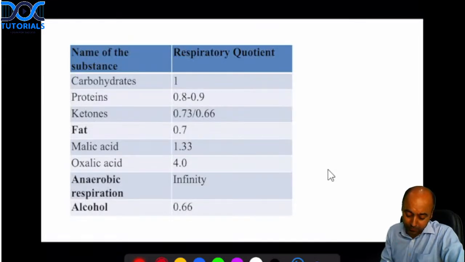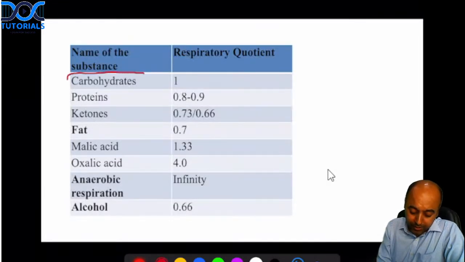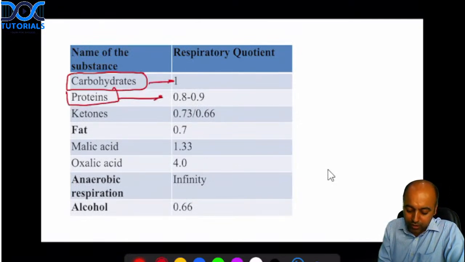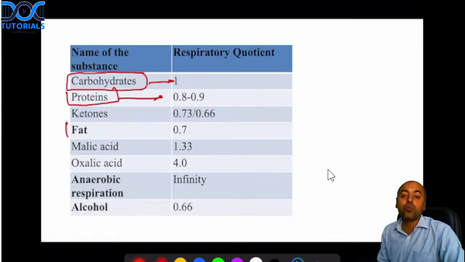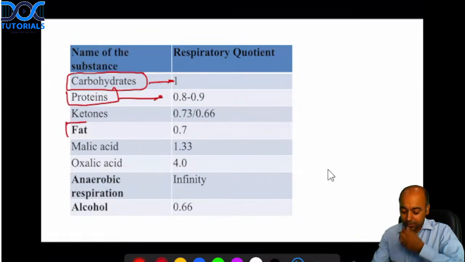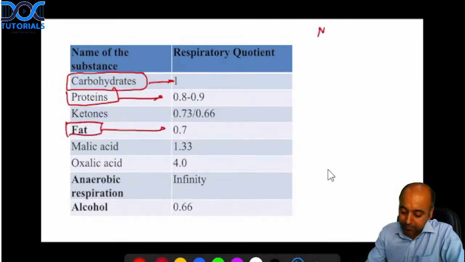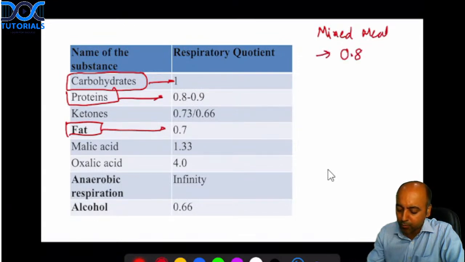Let's take a look. First, for carbohydrates, the value is 1. For proteins, the value is 0.8, and for fat, the value is 0.7. So if you have a balanced diet, or you can say a mixed meal, here the RQ should be roughly 0.85.